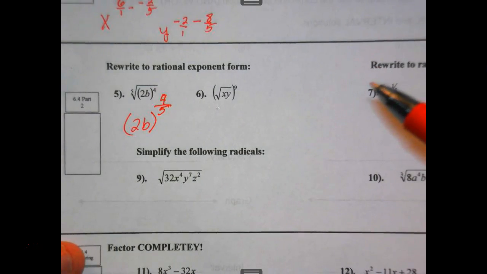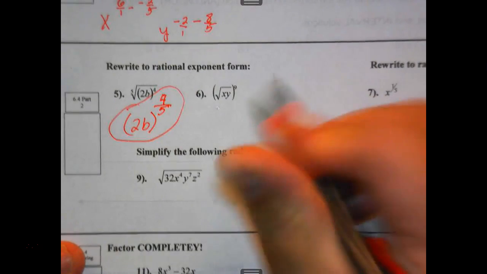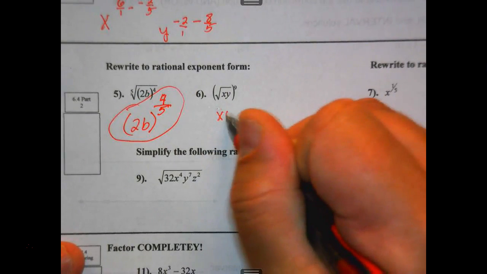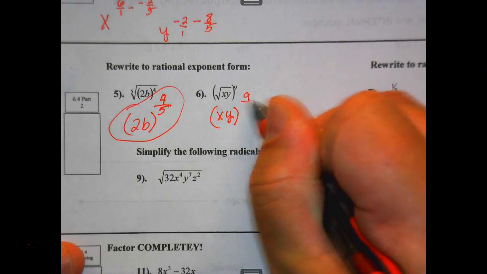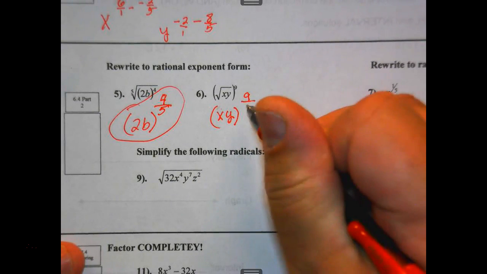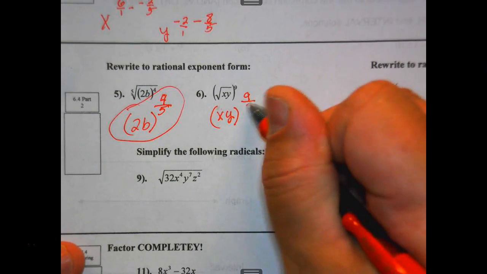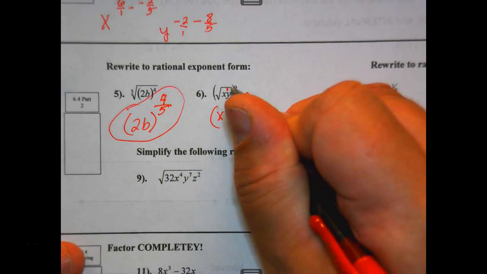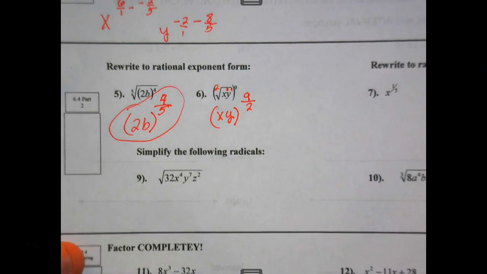Somebody have a question? Are we doing good? Okay, I have xy is my base. My exponent is the numerator. And what's my root here? No. You guys keep putting 1. It's 2. Okay, the exponent, if you don't see it, for the base is 1. For the root, it's 2.